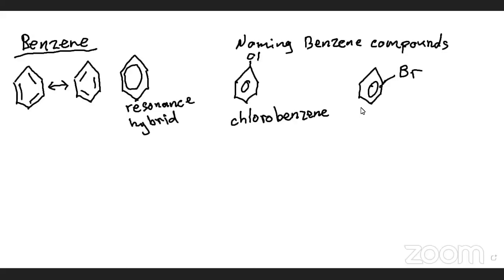So this one, it would be bromobenzene. If you notice here, we don't have to put a number for the chloro or the bromo. So when it's only one group on it, you don't need the number.